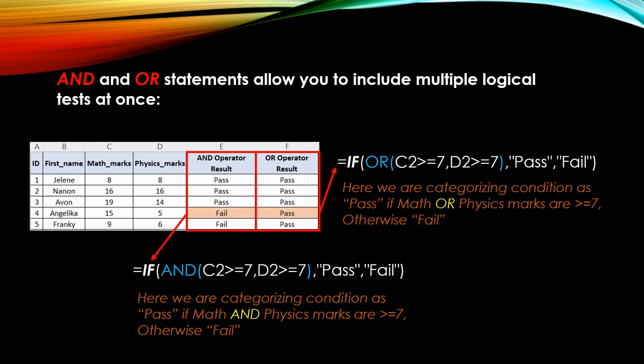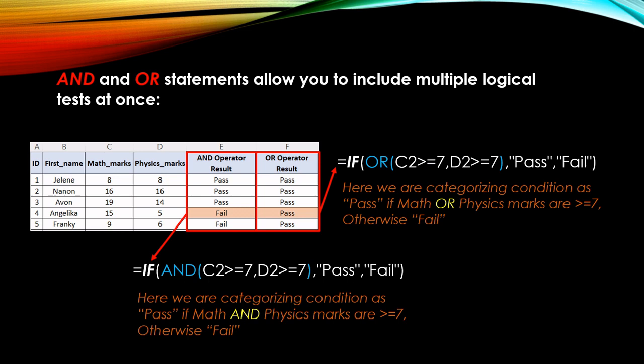One great example for this is on your screen here. Let's say we want to categorize students' results as a pass or a fail. If you think about it for a minute, there's no way to define pass or fail based on just a single field, because it's a function of two things: the math marks and the physics marks.